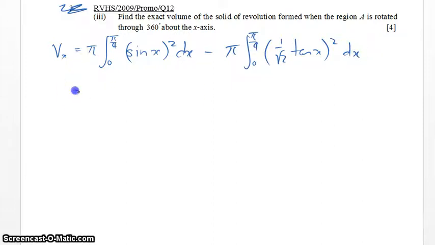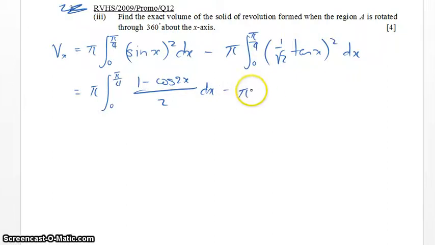Okay, but this is not too difficult because we can transform sine squared, although we usually can't do this. We've done it a few times now. We use the double angle formula to change it to something we can fairly comfortably integrate. Then 0 to pi upon 4 of tangent squared. Tangent squared we don't like, so we change it to secant squared minus 1.